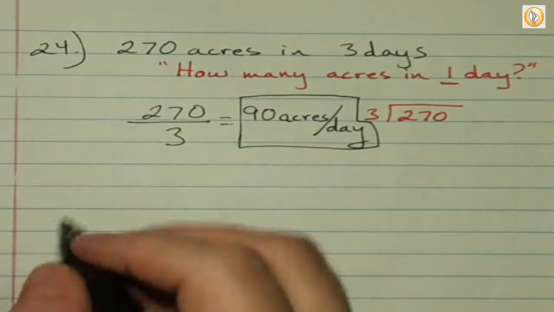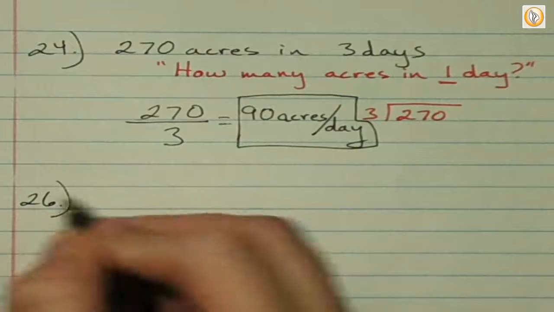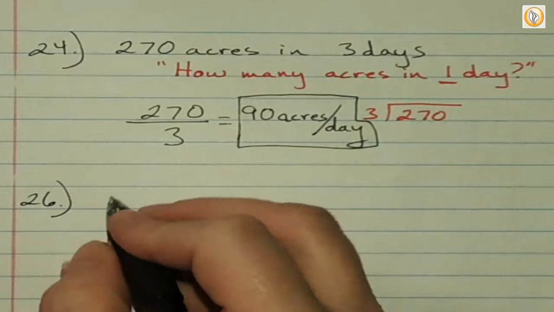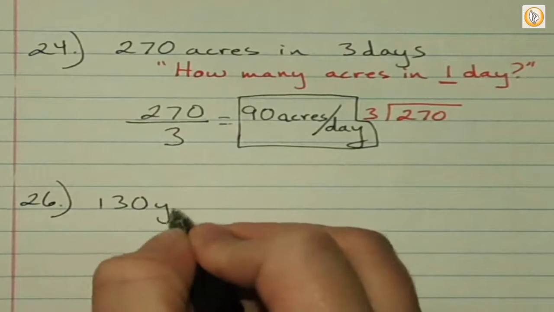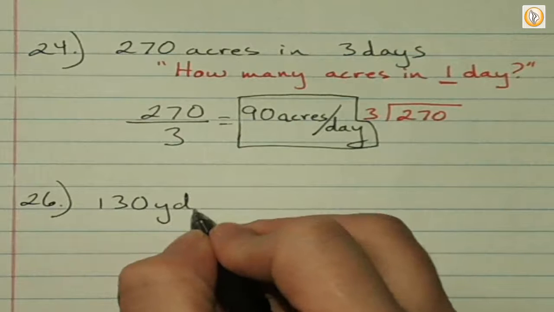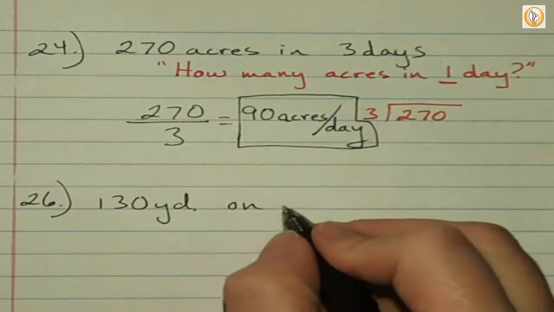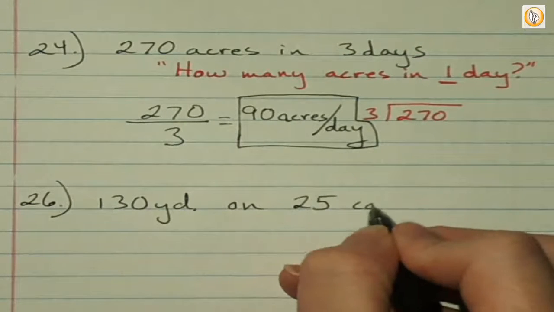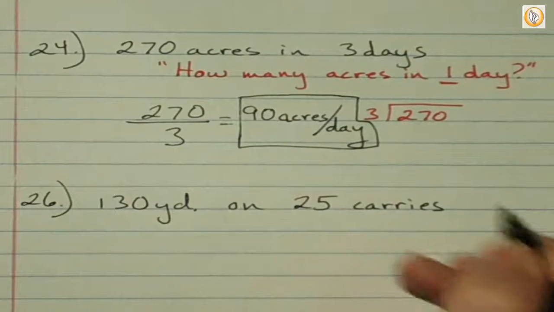All right, last one. Joseph, 26. 130 yards on 25 carries. What are carries? This is football.